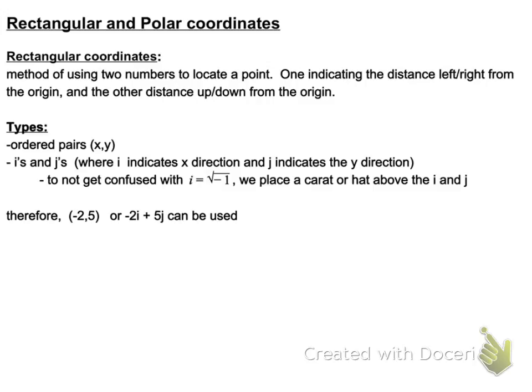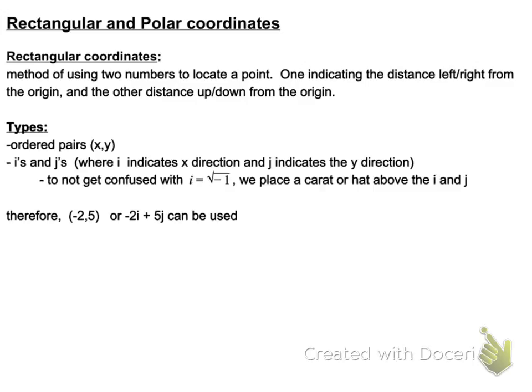So you guys have dealt with rectangular coordinates, and it's a method of using two numbers to locate a point, one indicating the distance left-right from the origin, and the other the distance up-down from the origin. Essentially, you would say, hey, that's just an ordered pair, x comma y, right? So you guys have been doing that all along.